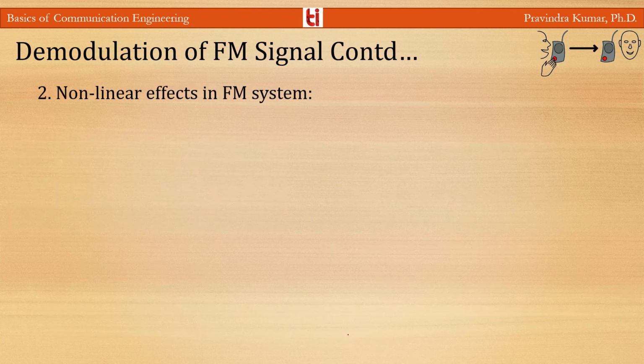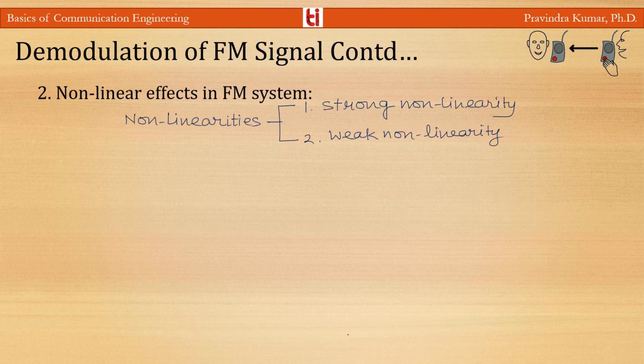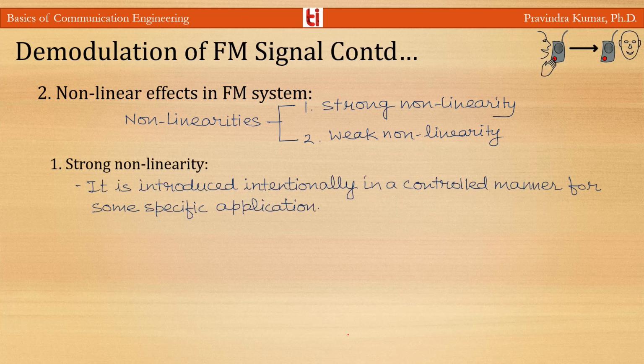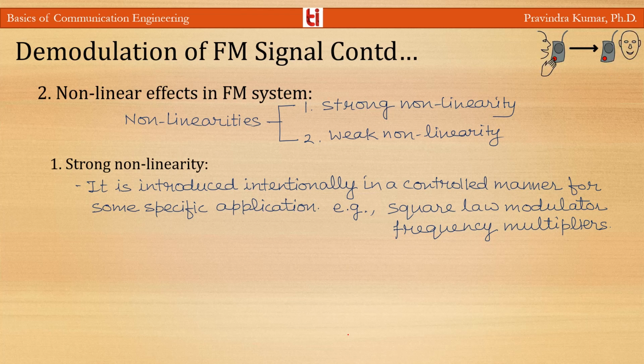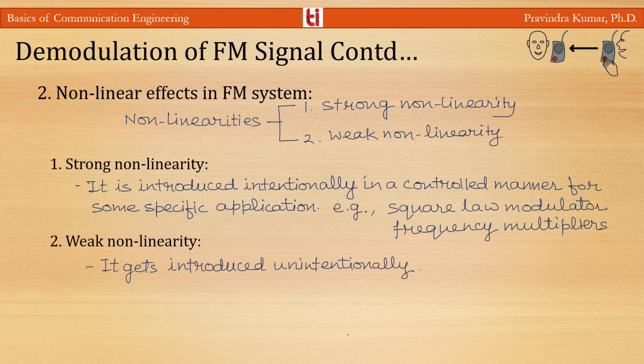Now the nonlinear effects in FM systems. Nonlinearity is present in any system and is classified into two types: strong nonlinearity and weak nonlinearity. A strong nonlinearity is one which is introduced intentionally in a controlled manner for some specific applications. Examples of strong nonlinearity are the square law modulator and frequency multipliers. A weak nonlinearity is one which gets introduced unintentionally when actually a linear operation is expected.